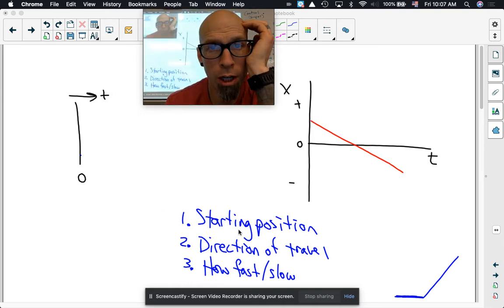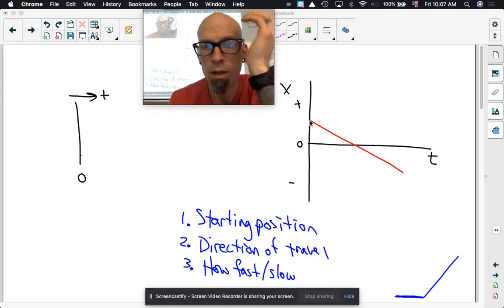So how do you know what the starting position is? Well, you look at the y-intercept. That is the position at time 0, when the clock starts. So what kind of y-intercept do we have here? Positive, right? It's above the 0, which means positive.